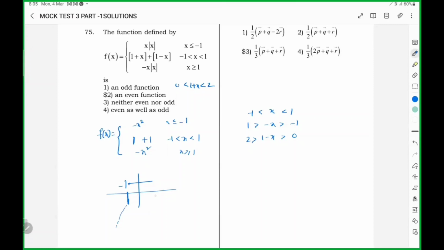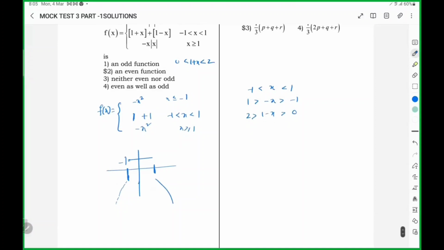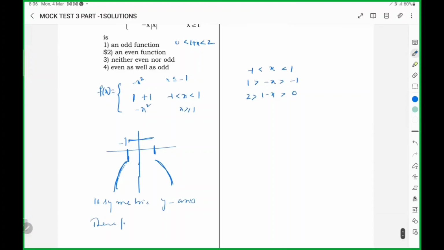And after 1, again it is minus x square. So this graph is symmetric about the y-axis. Therefore, the given function is symmetric.